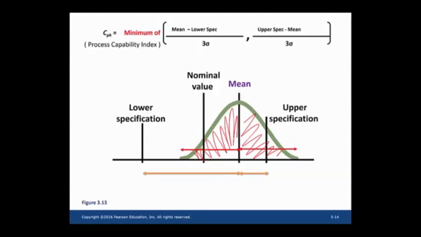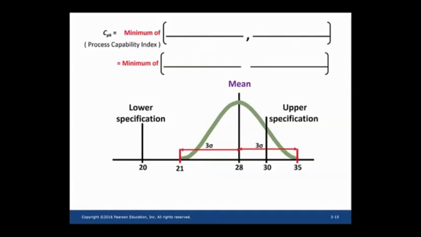Let us take a look at the illustration with numbers in it, right? So first let us calculate mean minus lower specification, right? In this case it's 28 is the mean, minus 20 is your lower specification, divided by your 3 sigma, which is given by this distance, 28 minus 21. Let's take a look at upper specification minus mean.